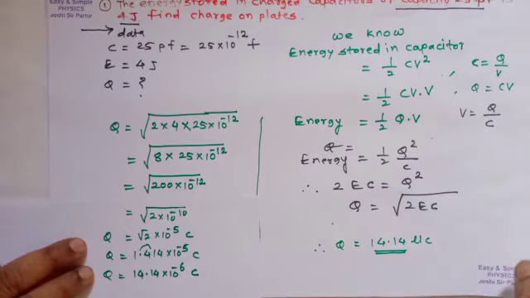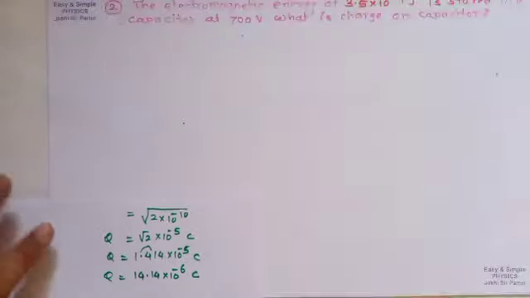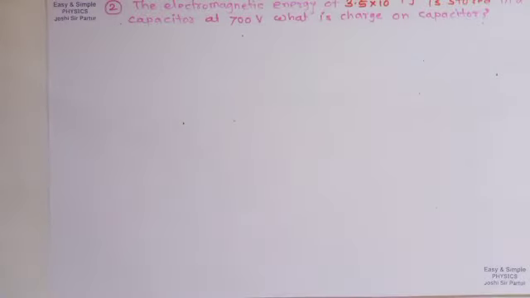Let us solve another example, that is: electromagnetic energy of 3.5 into 10 raised to minus 4 joule is stored in a capacitor at 700 volt.